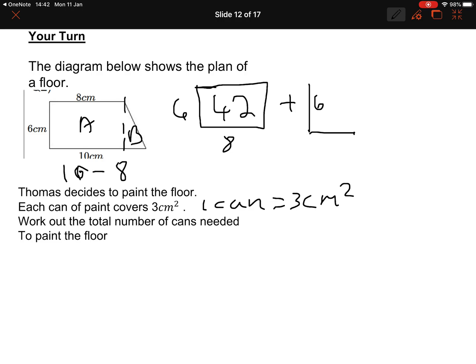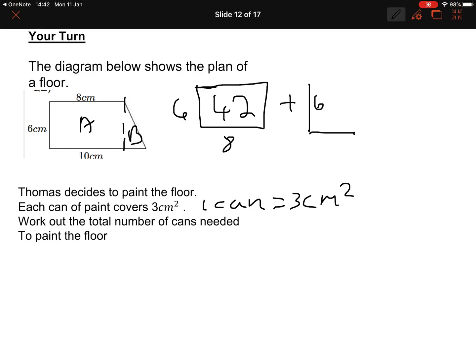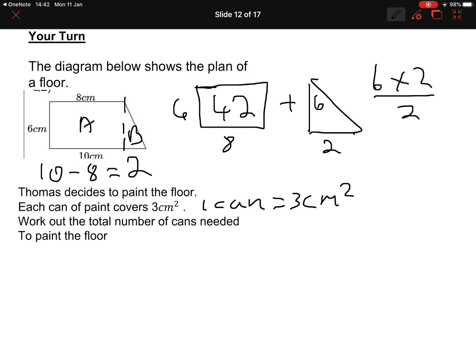So we need to subtract 8 from 10. 10 take away 8 is 2. So the base is 2. Now that's going to be quite easy to find because it's 6 times 2 divided by 2. If I take a number, times it by 2 and then divide it by 2, I'm going to end up where I started, which is 6.